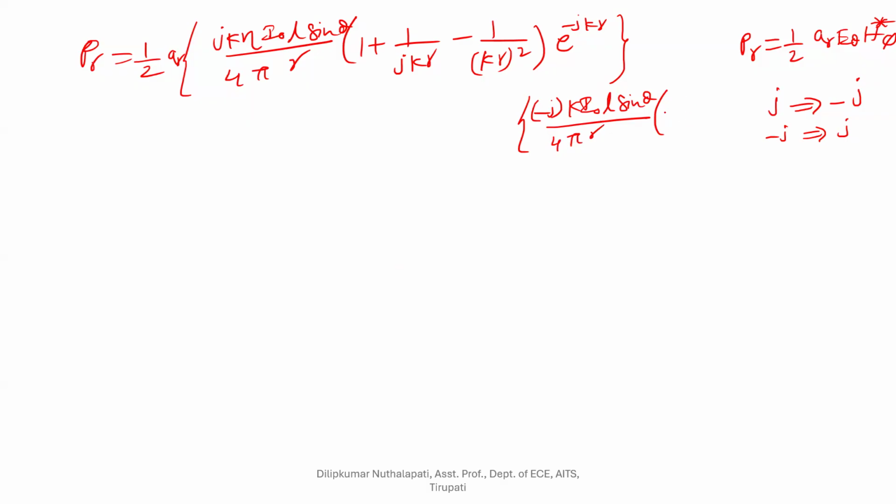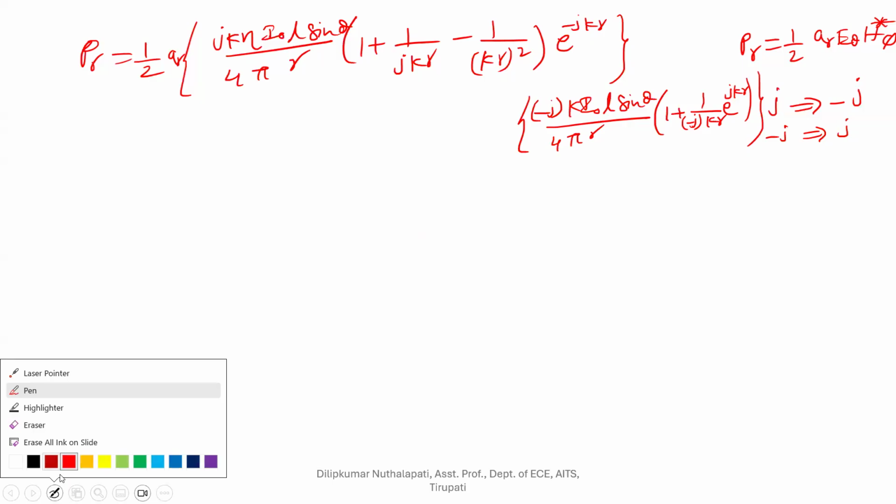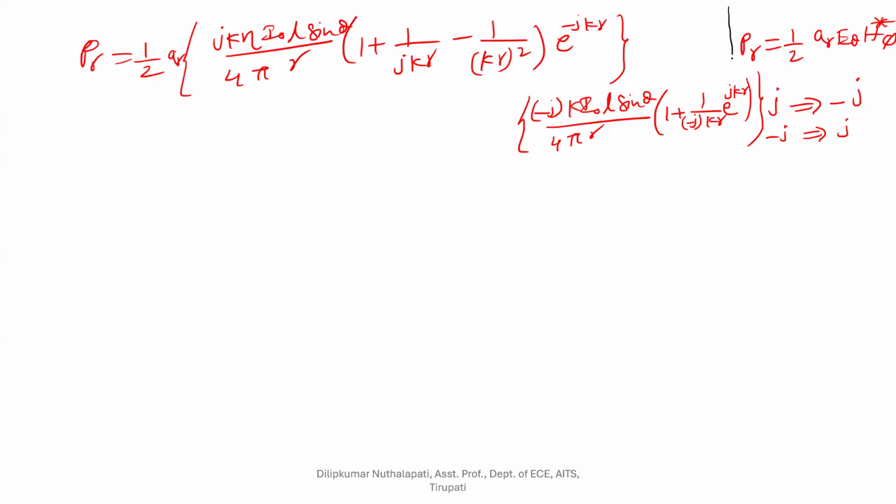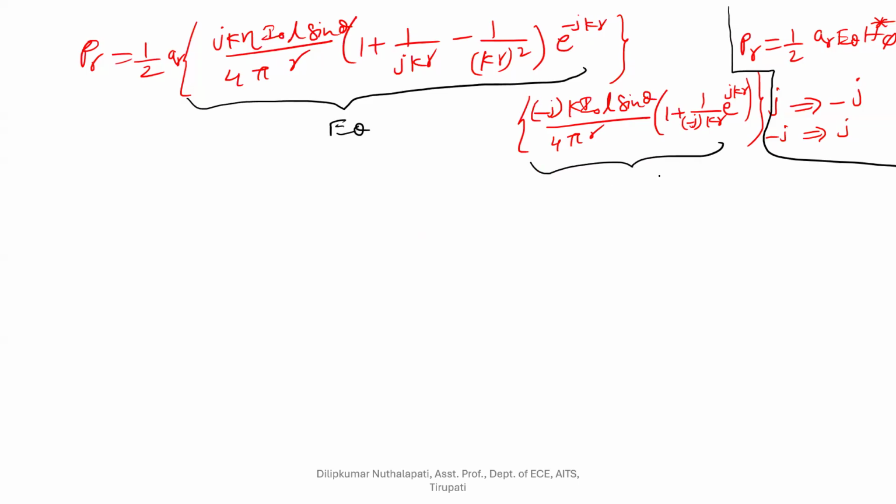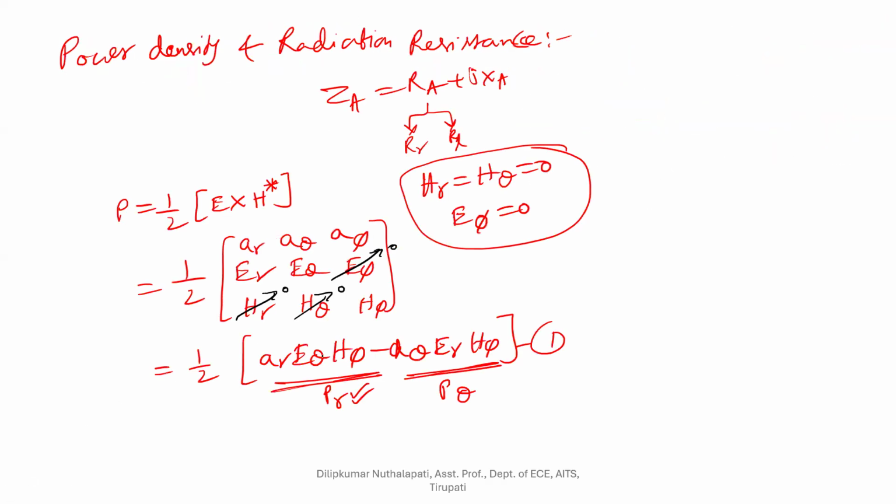So sine theta into 1 plus 1 by minus jkr into e power jkr. So these are the terms we get here. This complete term is E theta. This complete term is H phi conjugate. So the star is to be placed here.